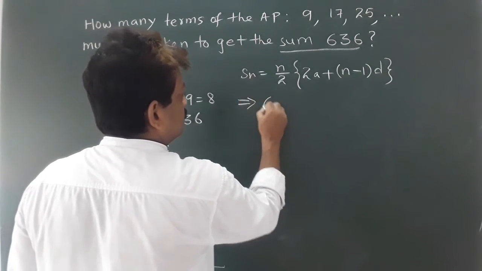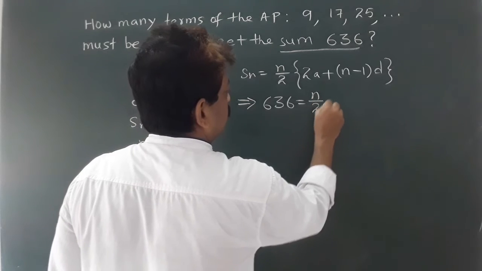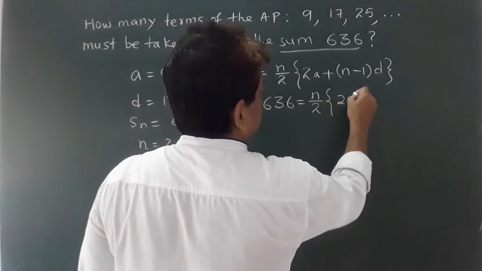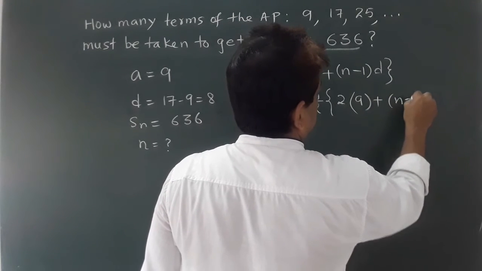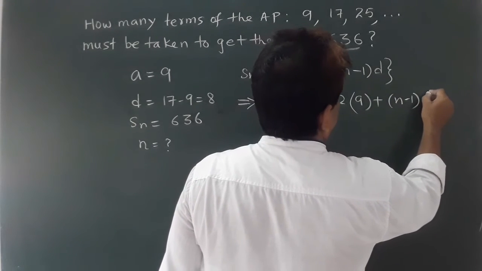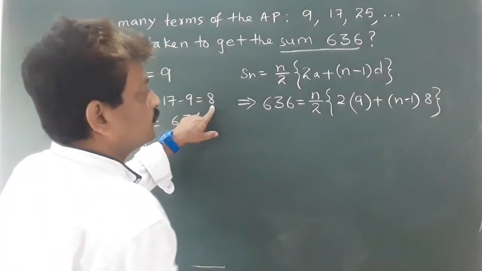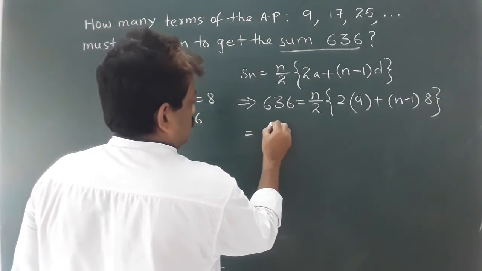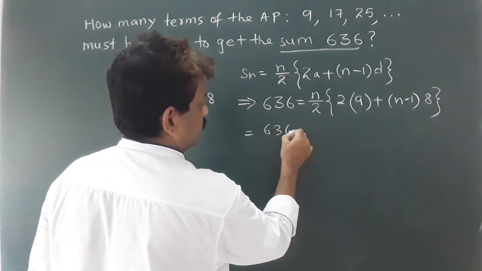So Sn is 636. n we don't know. 2a is 18, plus n minus 1 is not known. d is 8. So 636, I am taking 2 to the left hand side.